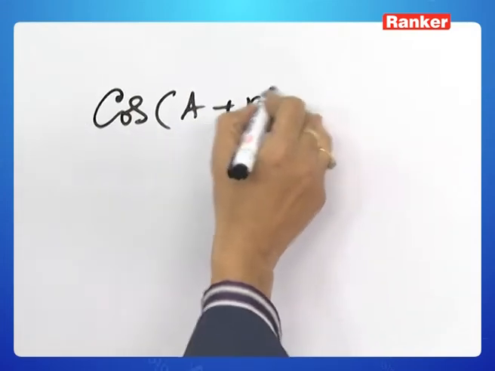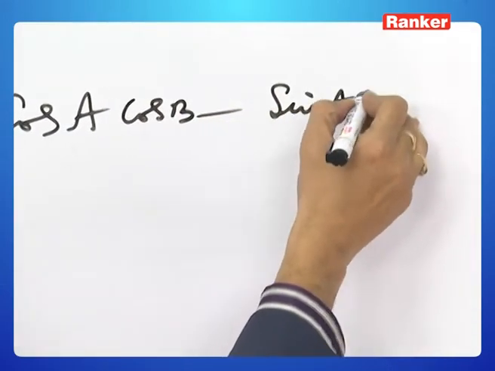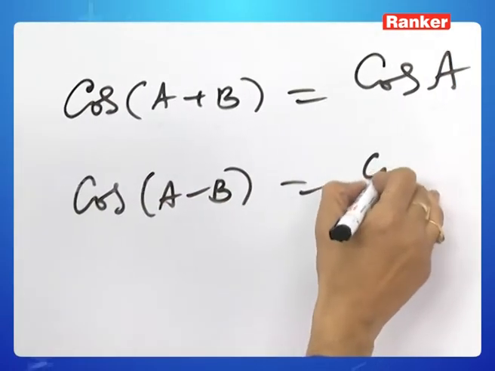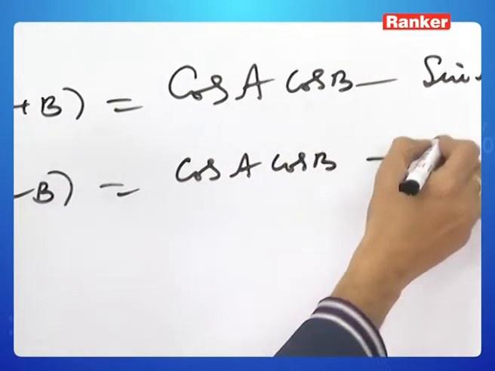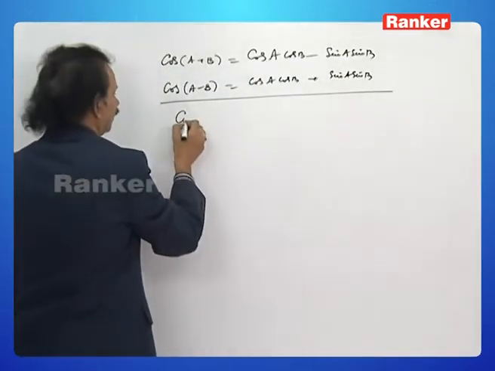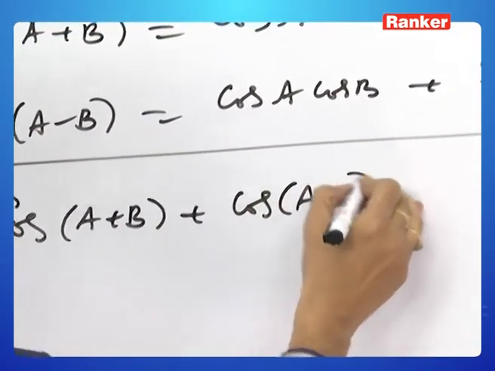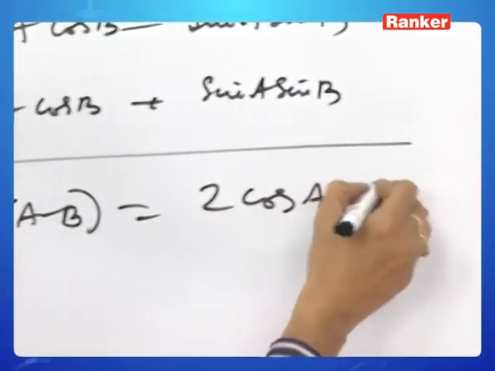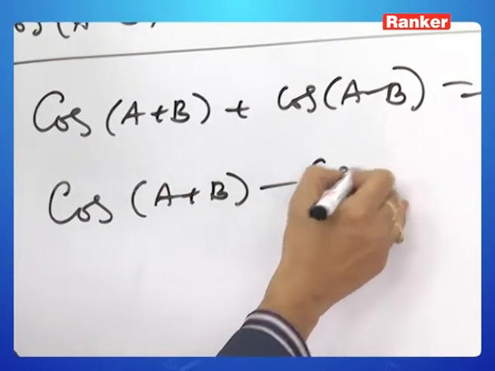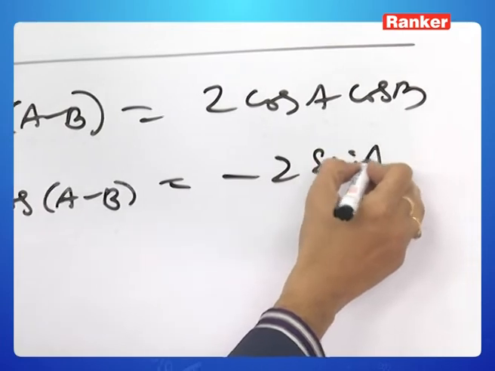Cos of A plus B is equal to cos A cos B minus sine A sine B. And cos of A minus B is equal to cos A cos B plus sine A sine B. If you add these two, cos of A plus B plus cos of A minus B is equal to 2 cos A cos B, and if you subtract, cos of A plus B minus cos of A minus B, these two will be cancelled, leaving you minus 2 sine A sine B.